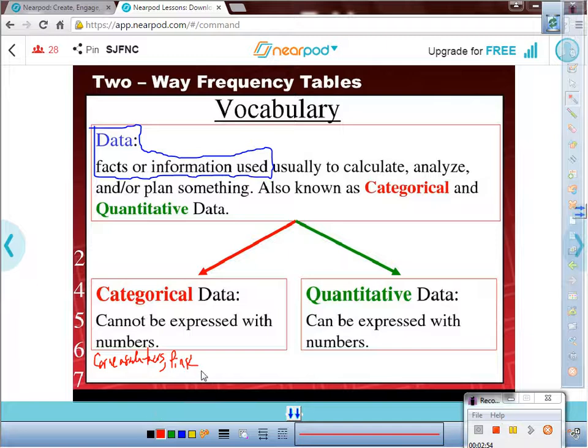If I was to ask Oliver, what's your shoe size? 8. Notice 8, I wouldn't write here, I would write over here, because this one says that it can be expressed with numbers. How about, what's your favorite pet, Andrea? A dog, okay?